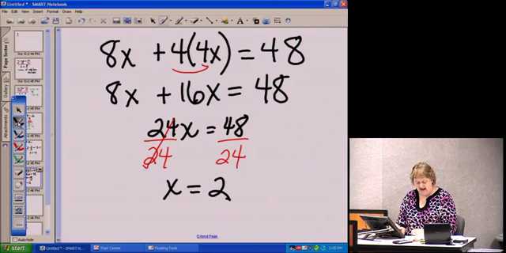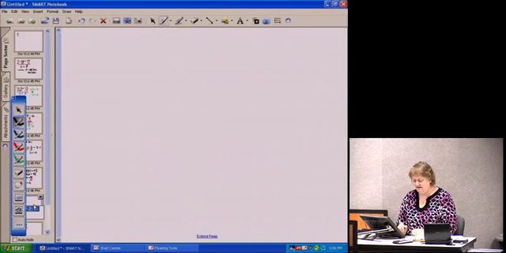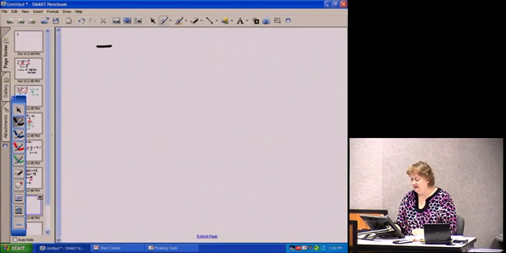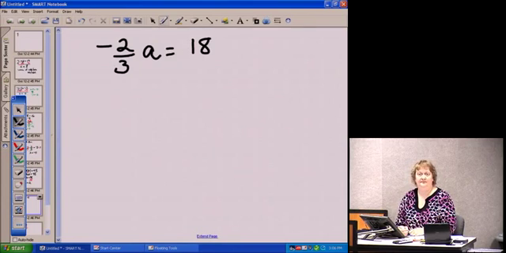Okay, let's look at an example that involves fractions. -2/3 a = 18.